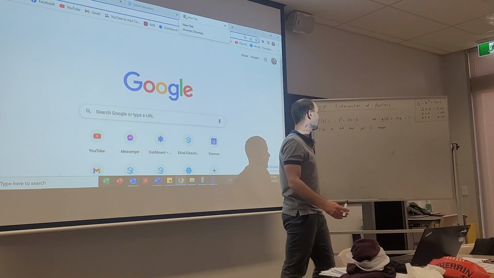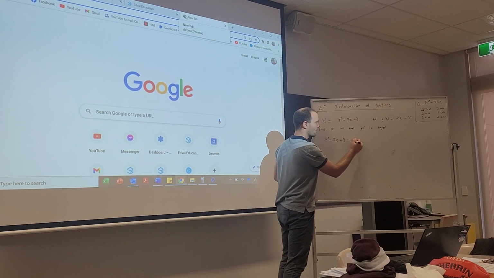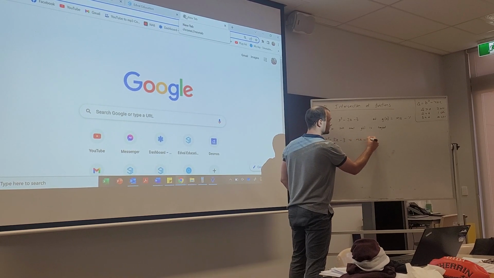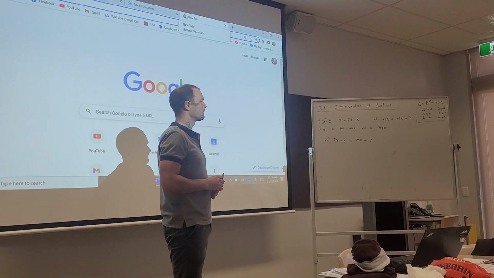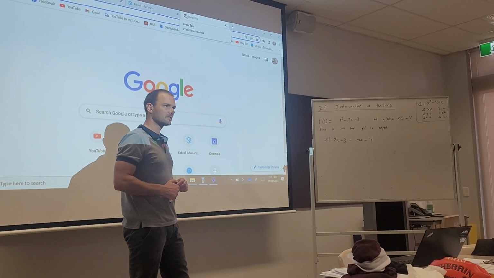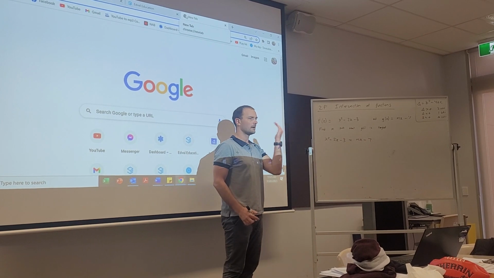So here's how we're going to solve this problem. We start by doing exactly what we did before. We make the functions equal to one another. Then what we're going to do is move this over to the left-hand side.